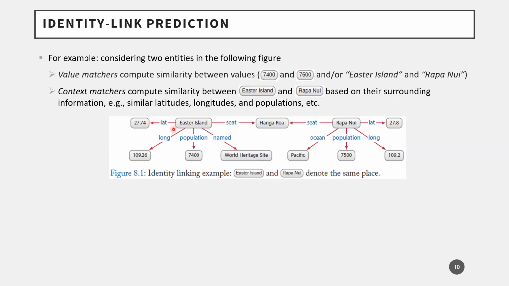Similarly, the longitude of Easter Island is 109.26 and the longitude of Rapa Nui is 109.2. Similar. Also, the population is similar. So, following this approach, it's easier for us to conclude that these two nodes are the same.